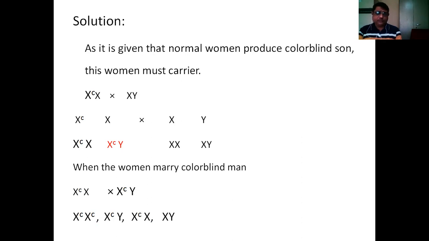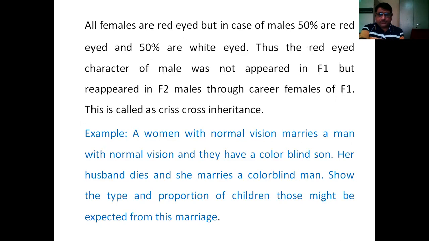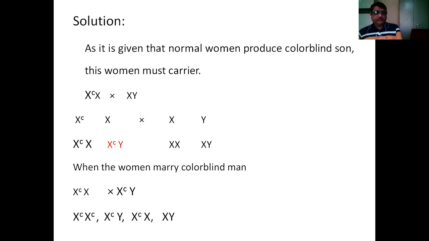Now we will see the second part of this example. The husband of that female has died, and the same female marries again, but this time she marries a color blind man. This condition is shown here. Now this female has the genotype XCX. When she marries the colorblind man, who has the genotype XCY, in the next generation we will get XCXC, XCY, XCX, and XY.